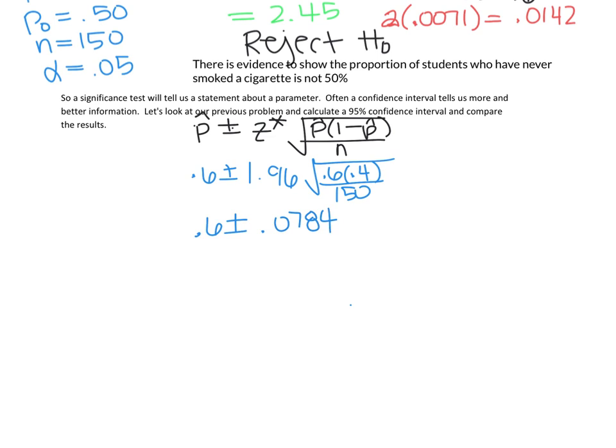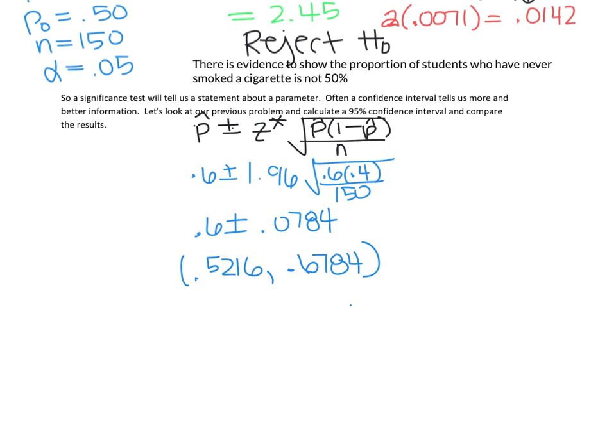So when we subtract, we get 0.5216, and when we add, we get 0.6784. So we're still going based off our original hypothesis test, and we look to see, is our parameter inside our confidence interval? And our parameter is 0.50, and our confidence interval is from 0.52 to 0.68 pretty much.